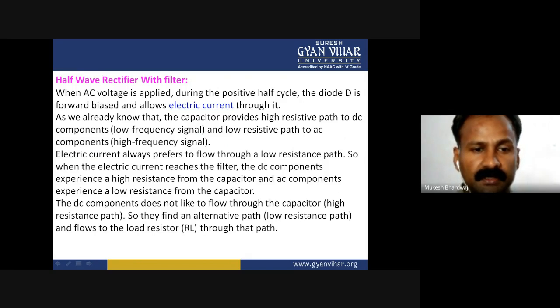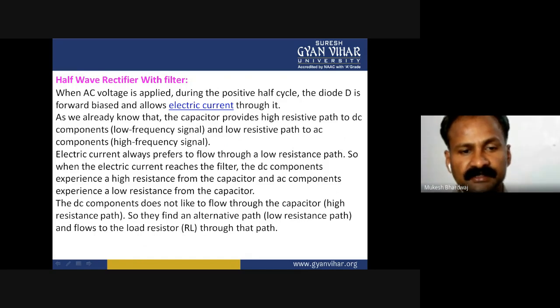So when the electric current reaches the filter, the DC component experiences a high resistance from the capacitor, and the AC component experiences a low resistance from the capacitor. The DC component does not like to flow through the capacitor, that is the high resistance path.